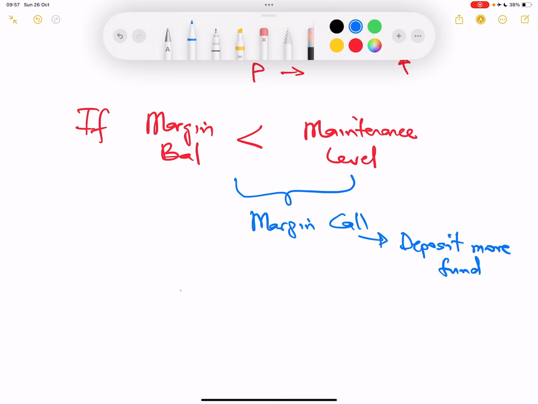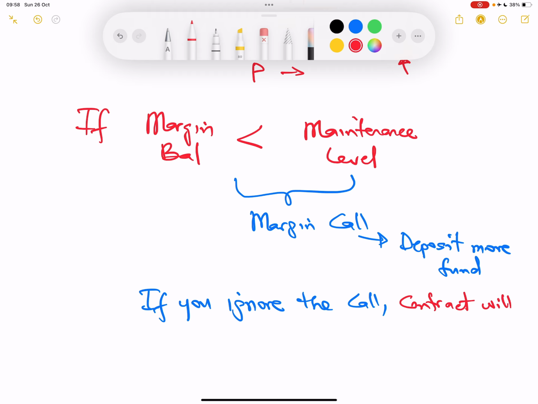And if you don't pay, if you default, so if you ignore the call, what happens? You know you're in trouble because the contract will be closed. Because they will not wait until you lose all your deposit and you run away and they can't pay your counterparty. So once you fail one call, the contract will be closed.